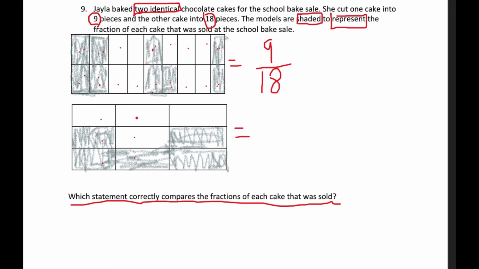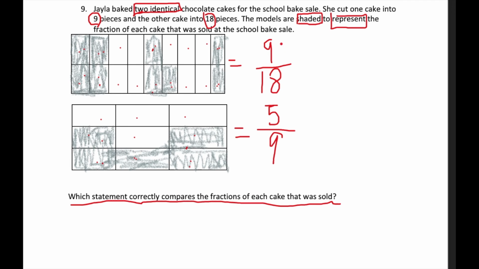So now we're going to look at our second cake, and we have 1, 2, 3, 4, 5, 6, 7, 8, 9. So our total parts are going to be 9, and the shaded portion will be 1, 2, 3, 4, 5. So that's 5 ninths. So right now we're going to be looking for the answer choice that shows these two models correctly represented.